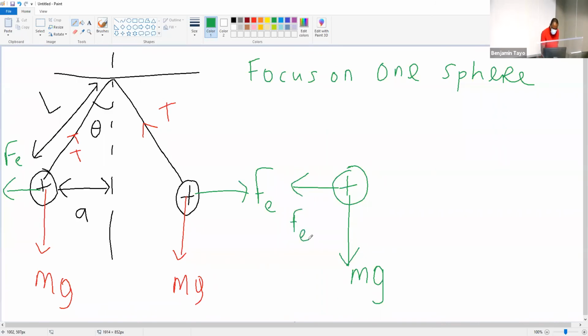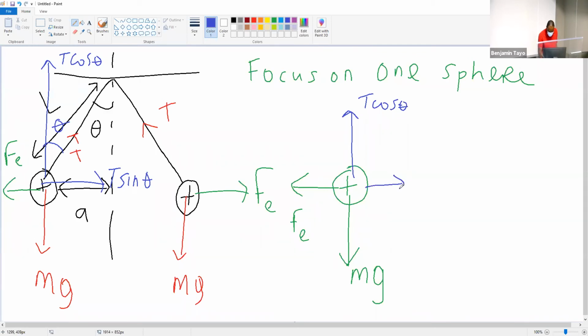Now if you take this force of tension here, you can break it into components. This is theta, so this would be T cosine of theta, and this would be T sine of theta.